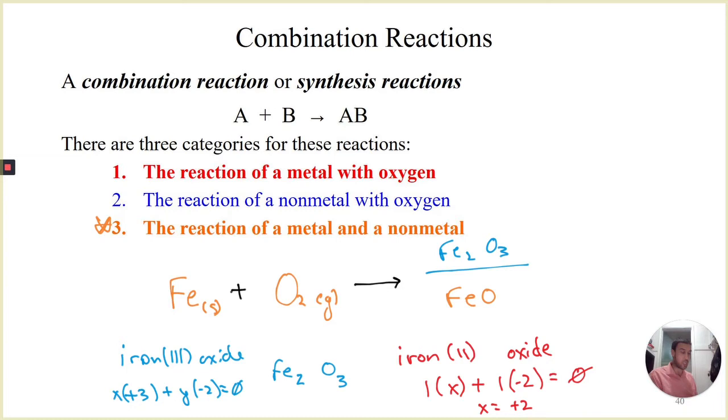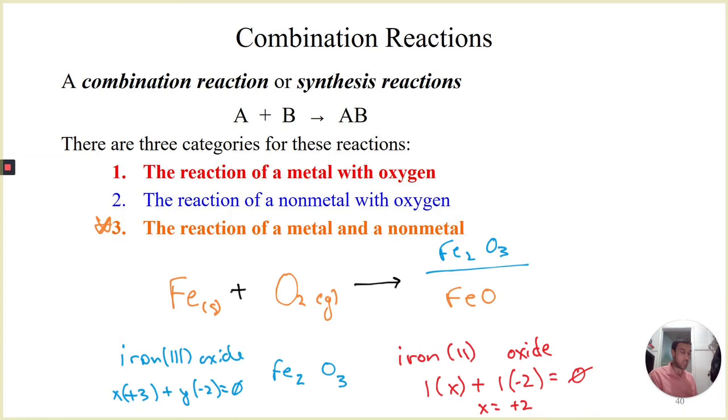And that's why you aren't expected to memorize or predict combination reactions, because there are certain cases where you don't know those charges. And the only way you would be able to predict it is if you knew the answer, which means you didn't predict it, you knew the answer. So that's why I say for combination reactions, don't worry about predicting.